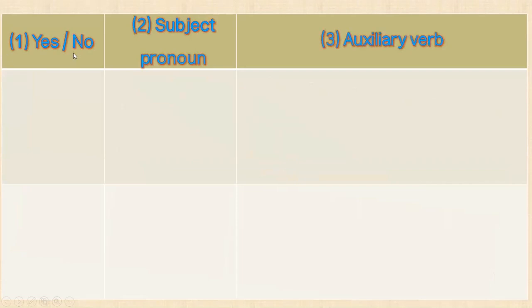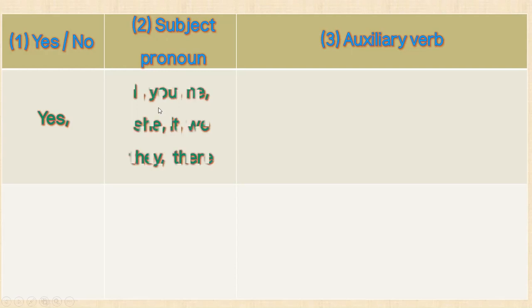Number 1, start with yes or no. If you start with yes, then number 2, put one of these pronouns. I want someone to read them, guys, just reading. Who's going to read? Hey guys, wake up. Ahmed Al-Anazi. Yes, Ahmed. Yes, teacher. What are the subject pronouns?